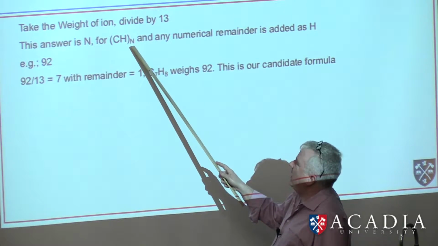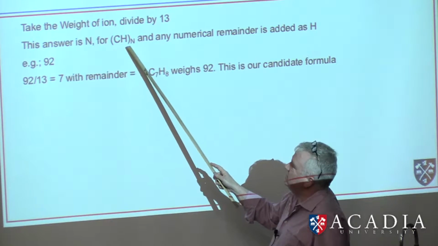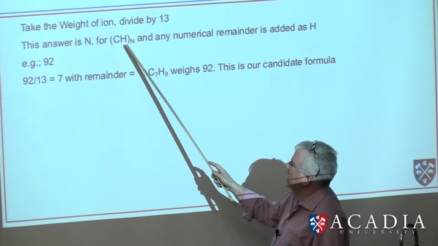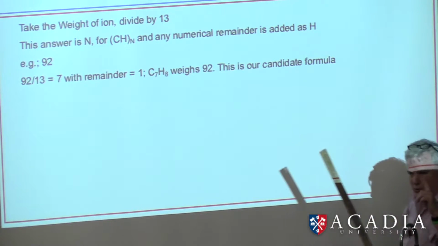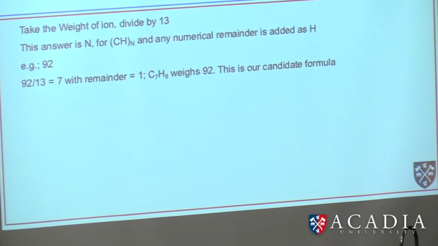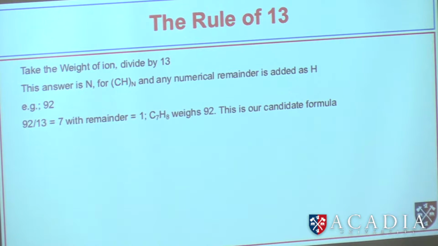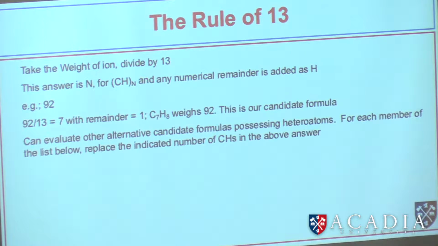So when we divide our number by 13, we're just assuming that we have that many carbons and that many hydrogens. The remainder, 1, tells us that we have one more hydrogen at least. In this case, our molar mass of 92 could be accounted for by C7H8. So that's our candidate formula.